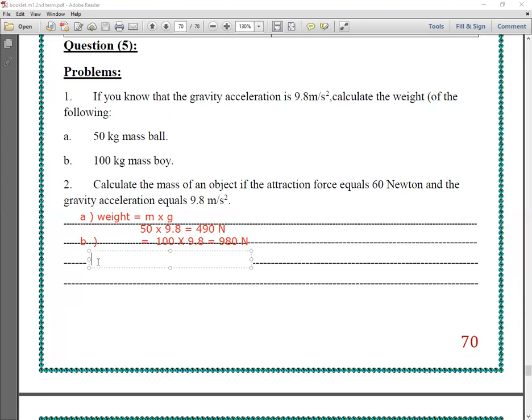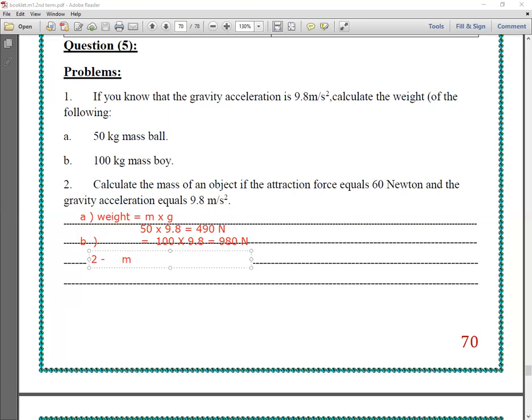And 2, calculate the mass of an object if the attraction force equals 60 Newton and the gravity acceleration equals 9.8. So here I need the mass.